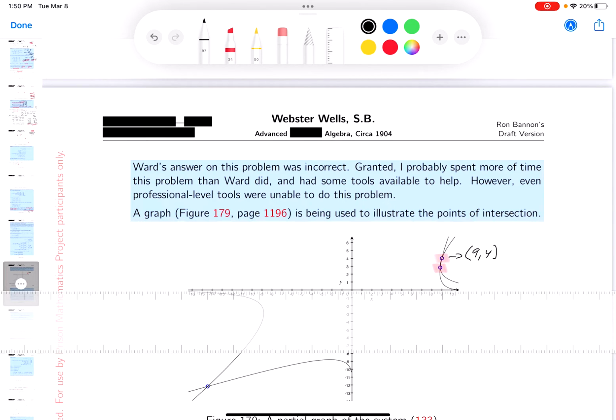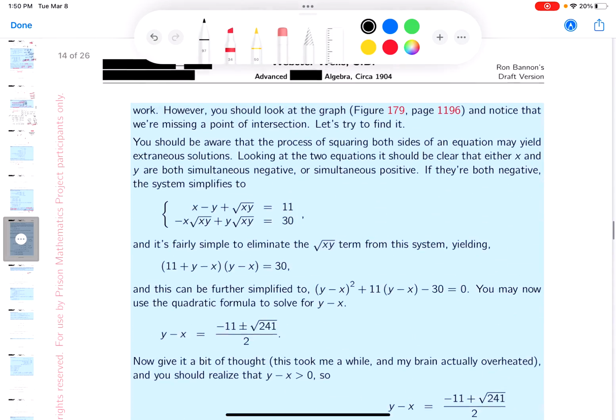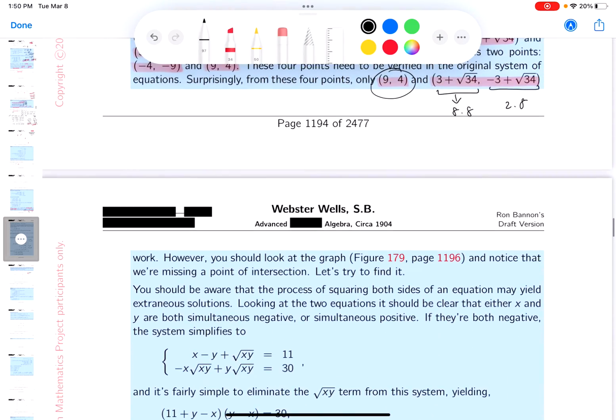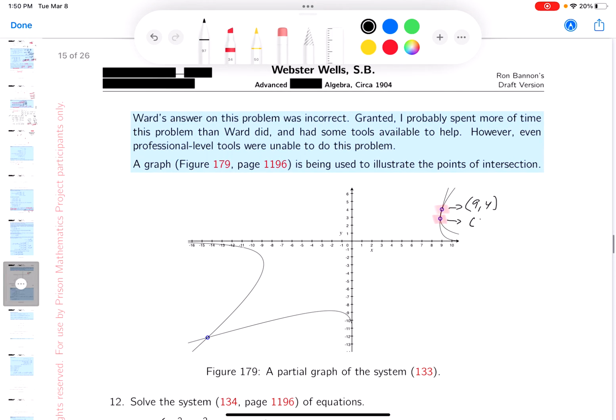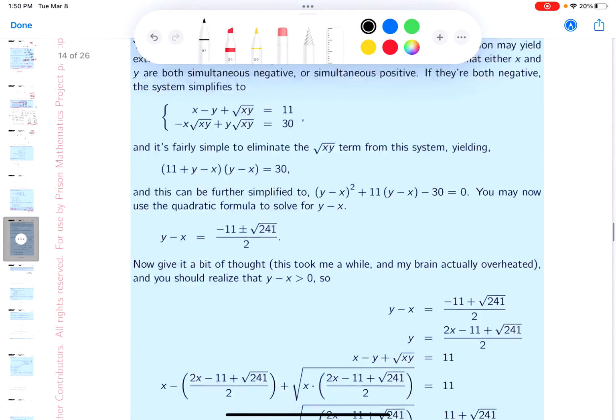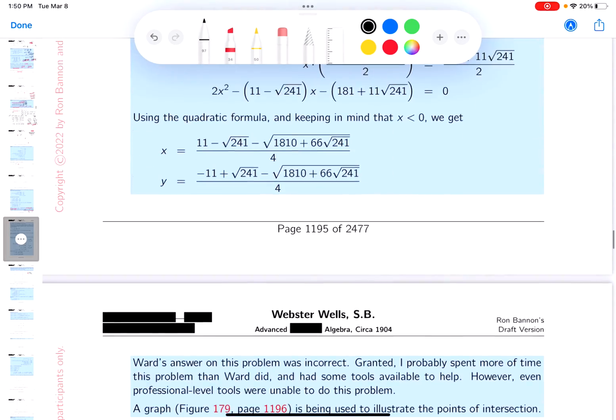So this is the other one. Remarkable. It's there. I can't remember what that point is, right? That was 3 plus root 34. See how long that problem is? Minus 3 plus root 34.